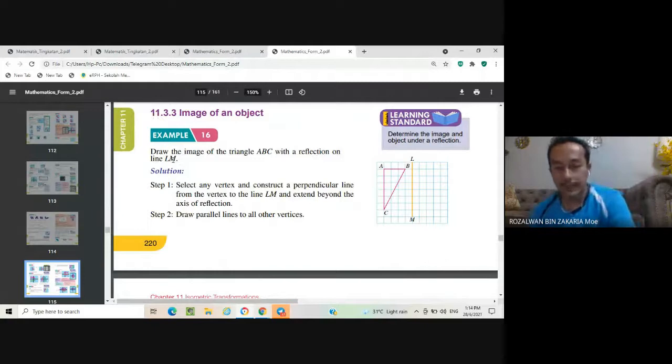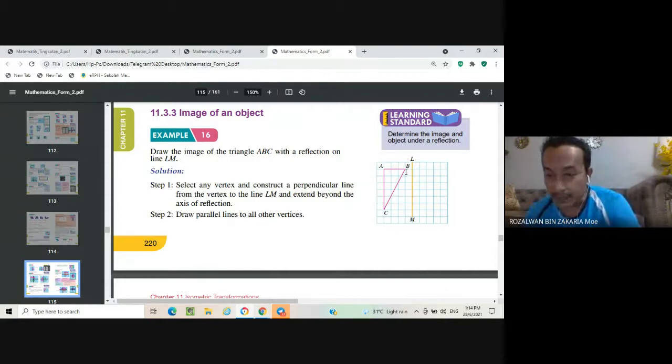Given to you is the object, triangle ABC. So line LM is the axis of reflection. You must understand line LM actually is the axis of reflection. So how to do this one?